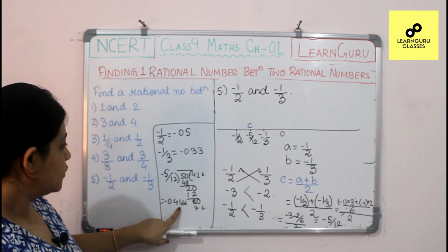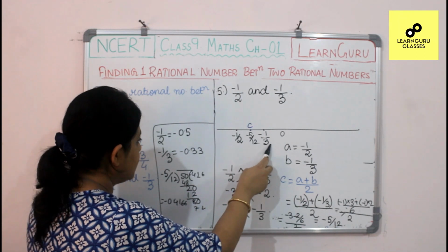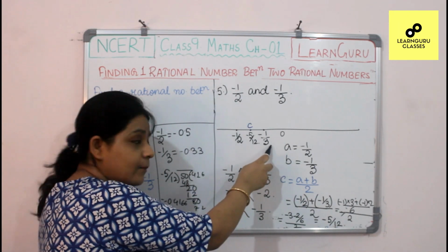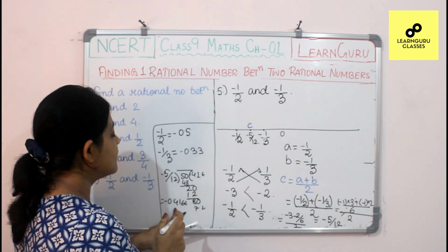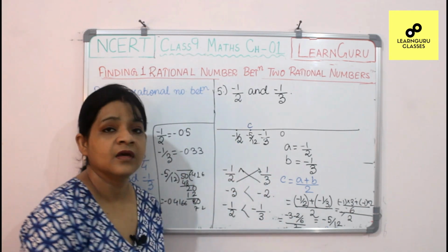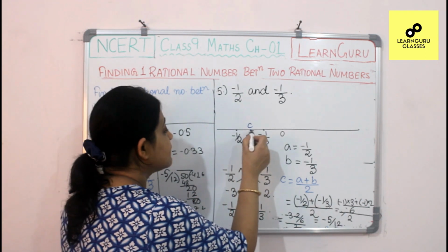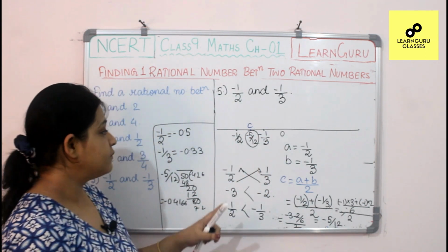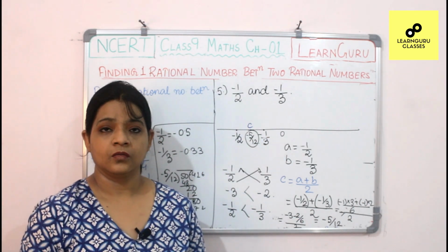So here you see minus 1 by 3 is the greatest number, then comes minus 0.4166, and then minus 0.5 is the smallest. That is, this number is the midpoint between these two numbers.